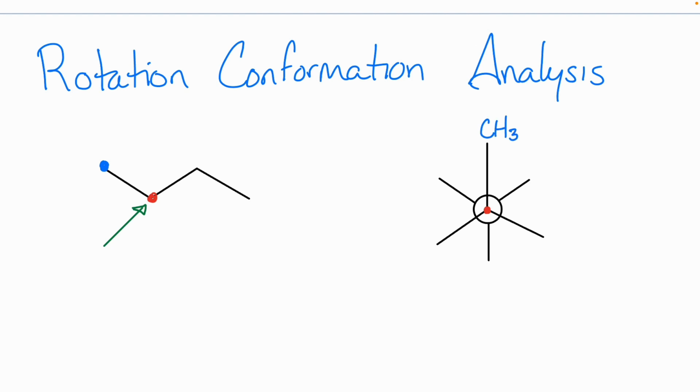I have my back carbon represented by that circle, and then that methyl group on that back carbon should be where on my Newman projection? At the very bottom, right? So we see that all of these bonds are staggered from one another. This is what we call a staggered conformation, and my methyl groups are pointed on opposite sides. Those CH3s are on opposite sides.